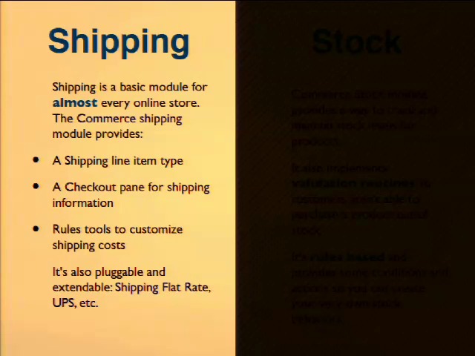So shipping is a contrib module, one of the essential ones, and it technically provides a line item type, and it takes care of the checkout process. So you can select the shipping there. And it's really rules-based, so you can manage all your shipping behaviors through rules.